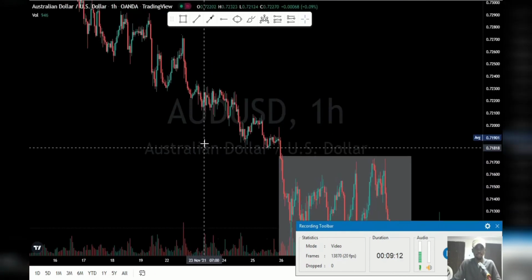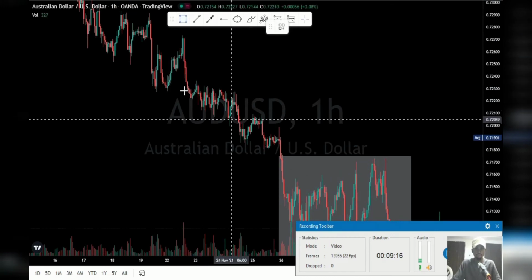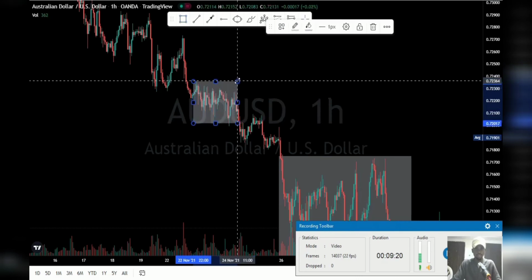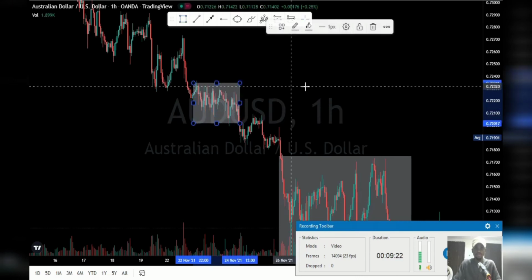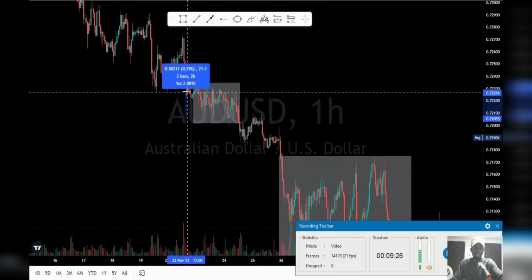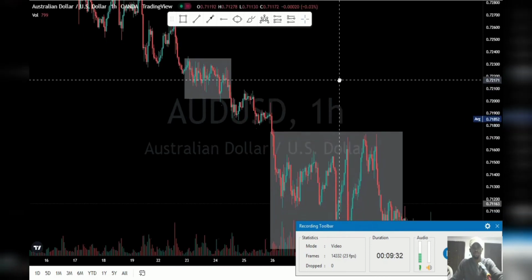Okay, for instance, now this is a sideways trend. With a sideways trend like this, it's not advisable to trade in between, because this will be a choppy market. Imagine, this is just 20 pips too. So it's not advisable to trade within this market.